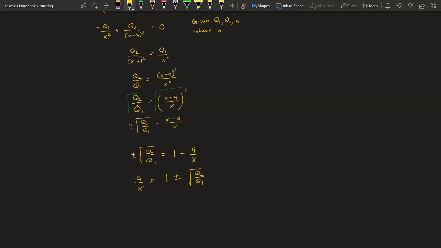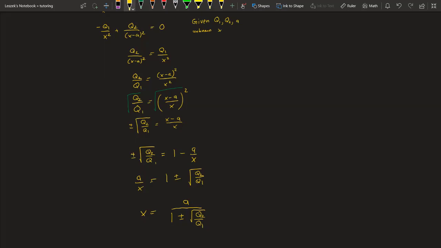And finally, cross divide, so to speak, to solve for x. And we see that here we get two solutions, except only one of them will be valid for our problem, as we want charge 3 to be between charge 1 and charge 2. So x has to be between 0 and a, or 0 and 5 meters.